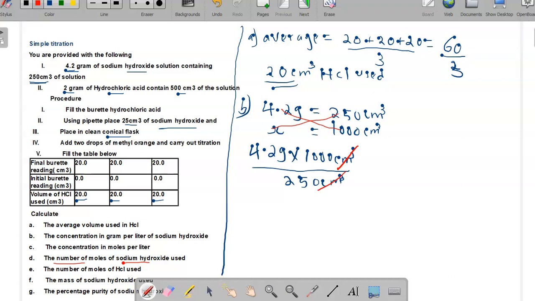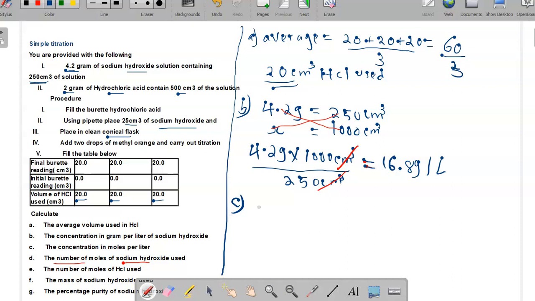You will get 16.8 gram per liter. That is the concentration in part B, the concentration in gram per liter of sodium hydroxide.